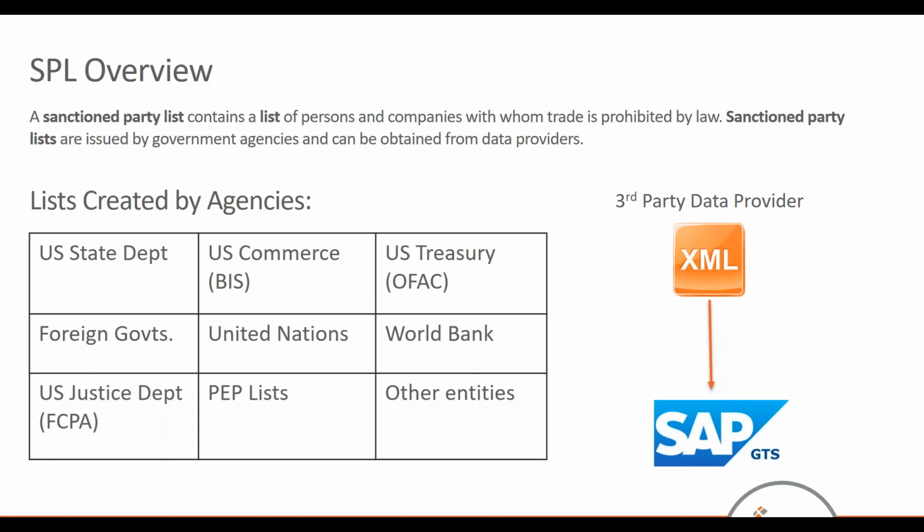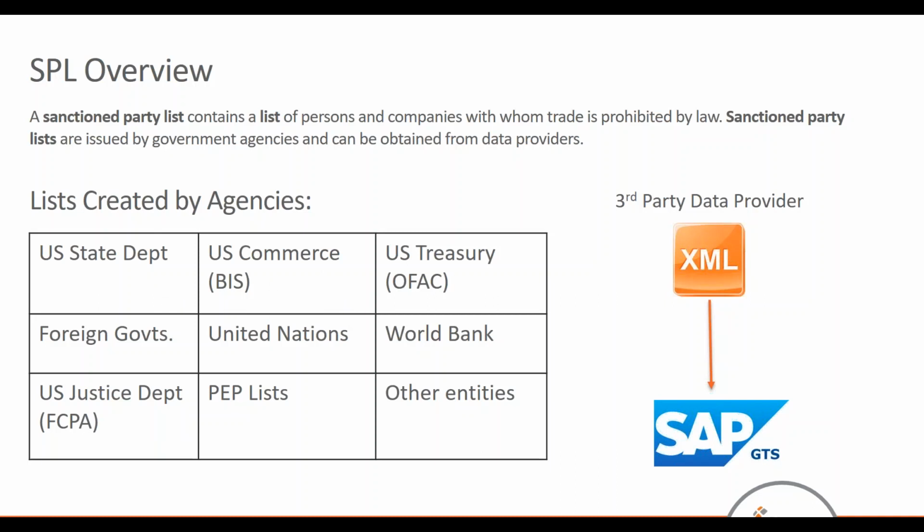Then there are different data providers available who will compile all such lists from the various government agencies. They collate all these lists and can provide us this list once we procure the subscription.